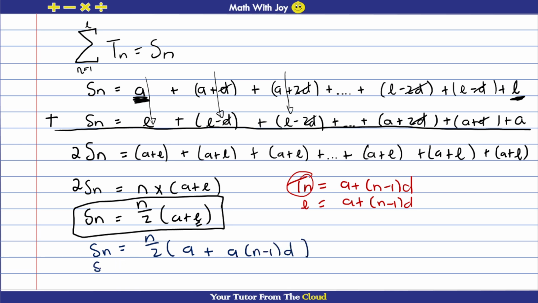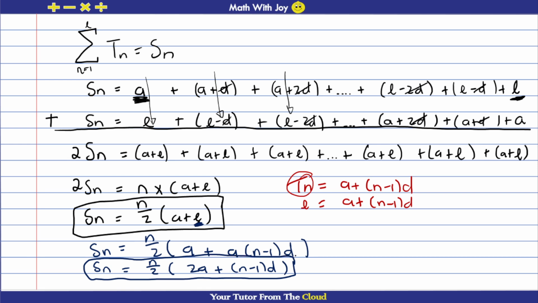And when you simplify this, it gives you another formula to work out the sum if you do not have the last term. So if you do not have the last term, then this is the formula that you will use to work out the sum of an arithmetic series.